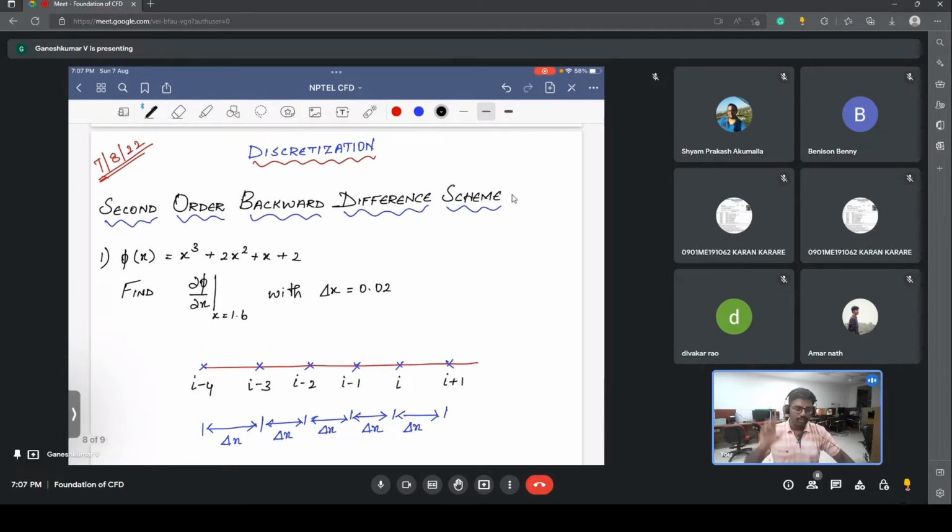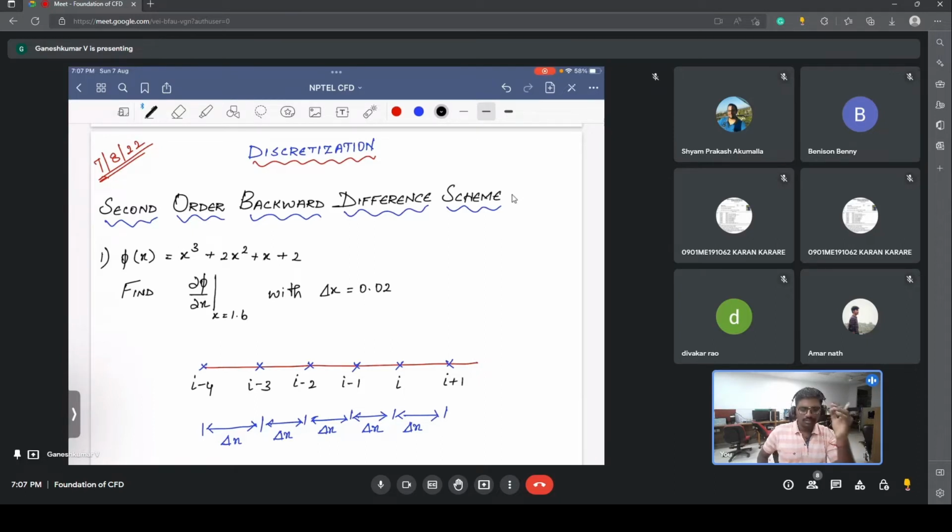We won't go into the details of discretization or each and every scheme. I will just show you how to develop a discretization scheme for a first order derivative. We are going to develop a second order accurate scheme.